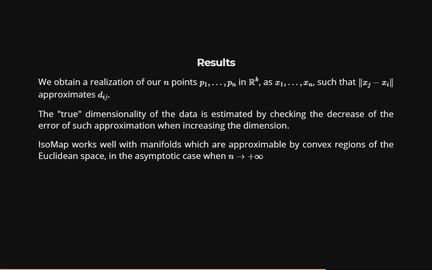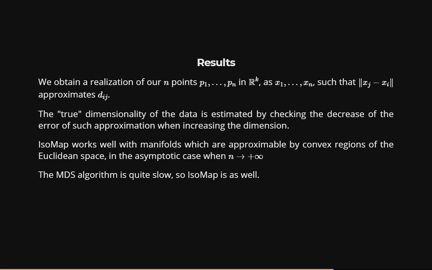IsoMap works well with manifolds which are approximable with convex regions of Euclidean space. And obviously, when the number of points goes to infinity. The problem is that multidimensional scaling is a slow algorithm, so IsoMap is terribly slow. And if you do IsoMap with k equal 2, say, and you want to try k equal 3 to see how much the error drops, you have to do everything from the beginning.